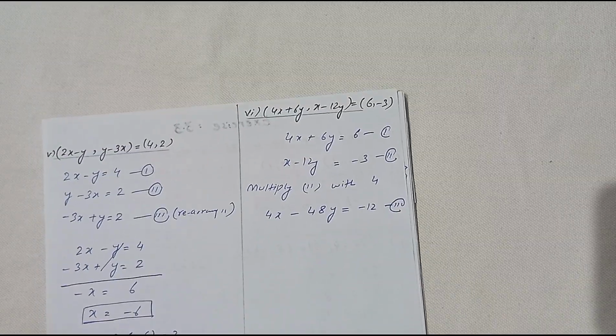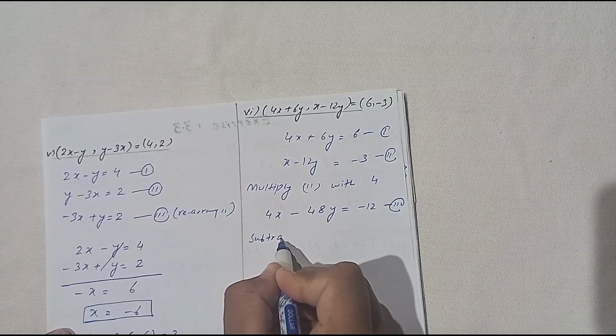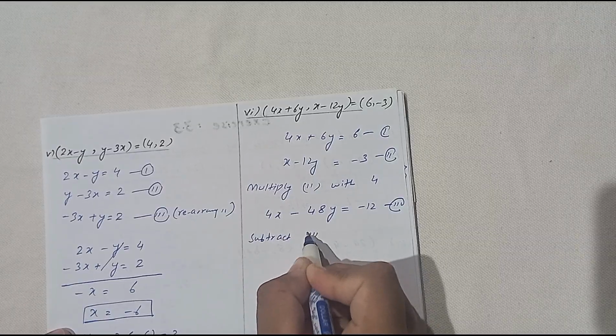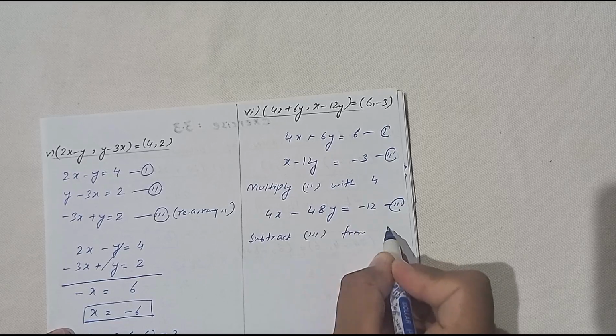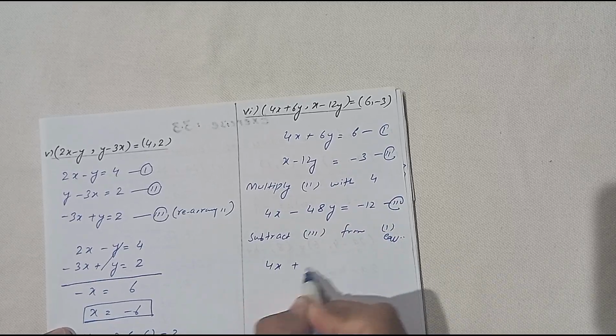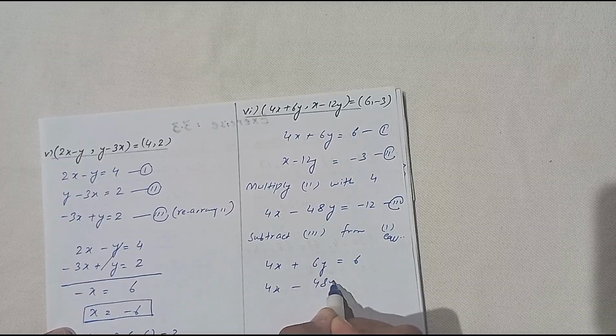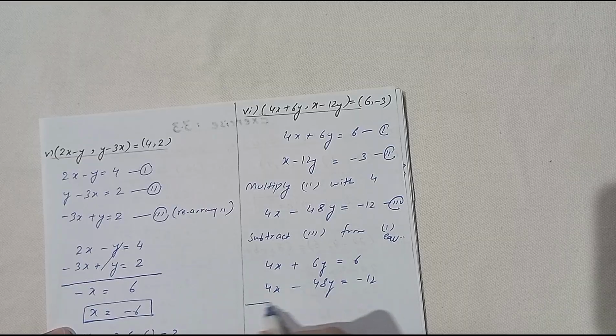Now subtract equation 3 from equation 1. What we get: 4x plus 6y equals 6, 4x minus 48y equals minus 12.